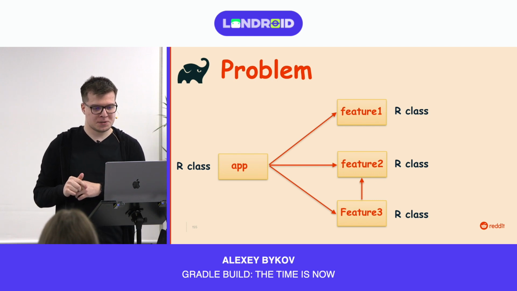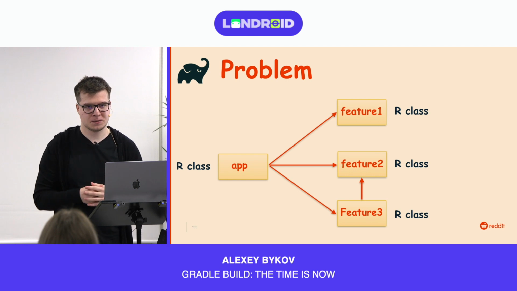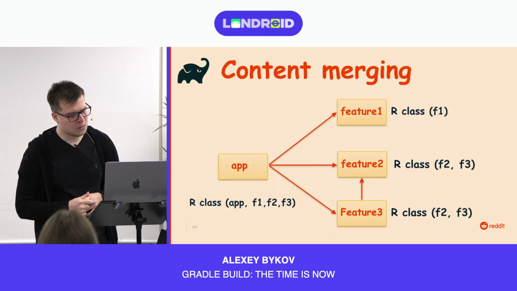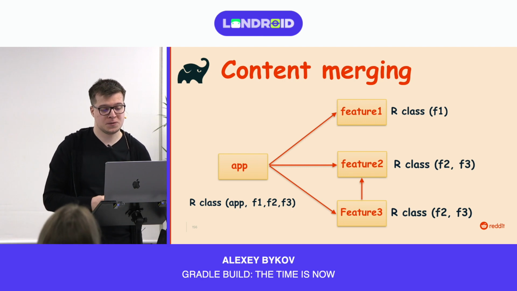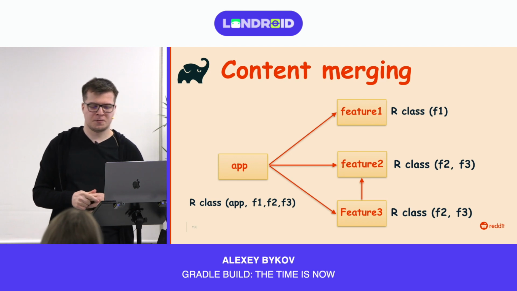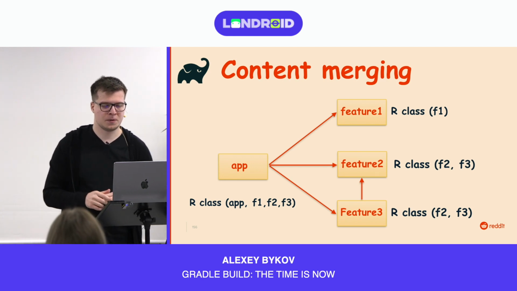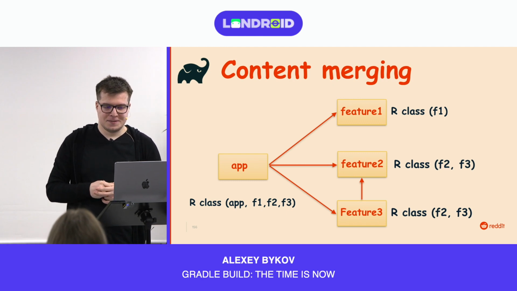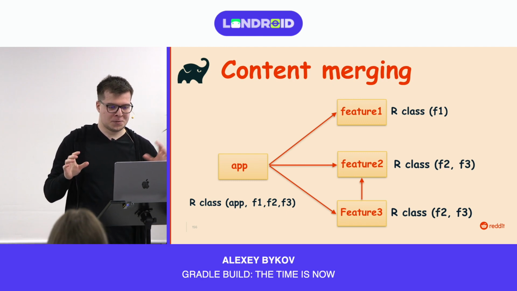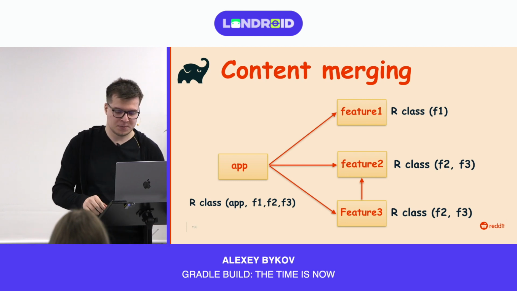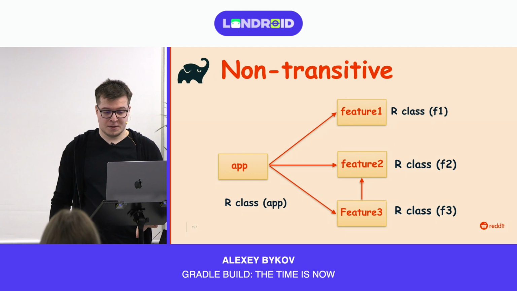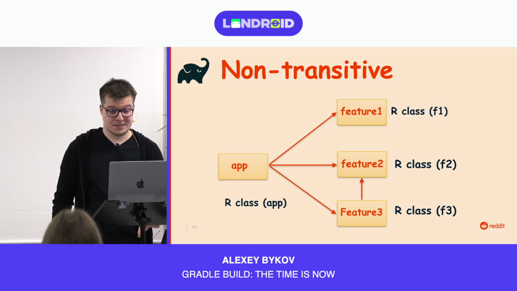And how it used to work before recent updates: all of your R files are going to be merged. For instance, if your application module depended on feature 1, feature 2, feature 3, it's just going to merge all of the R files. And the same goes for all of the modules which have some dependencies. And if you apply a non-transitive approach, it looks like this.